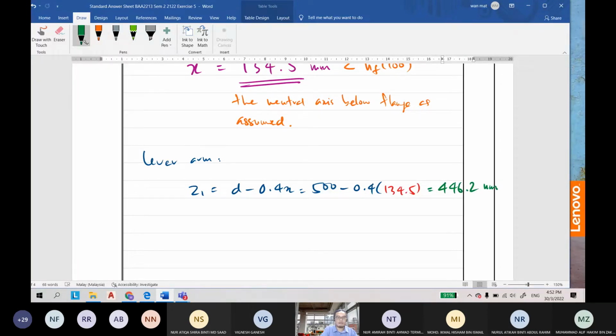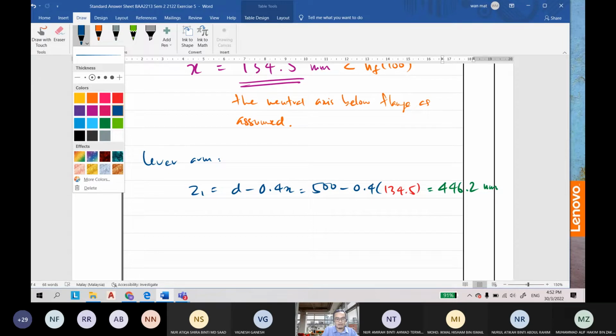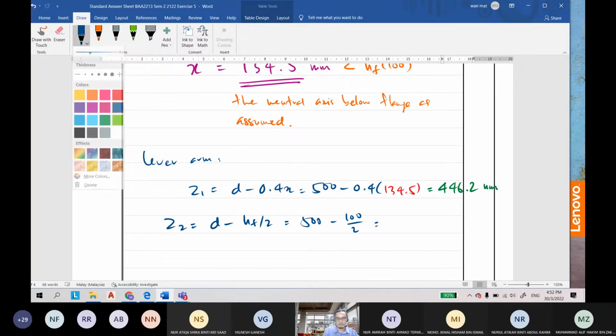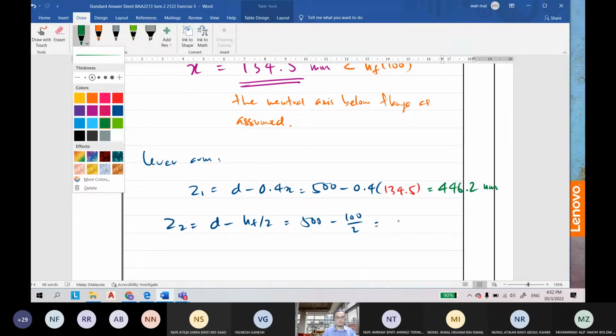And then the value of Z2 is equal to D minus HF over 2, equal to 500 minus 100 divided by 2.